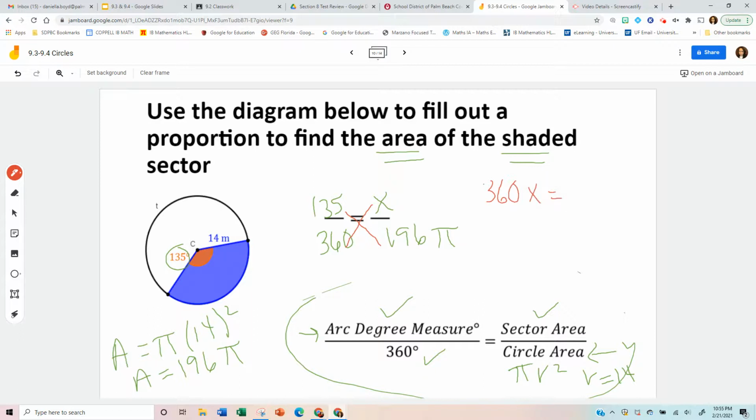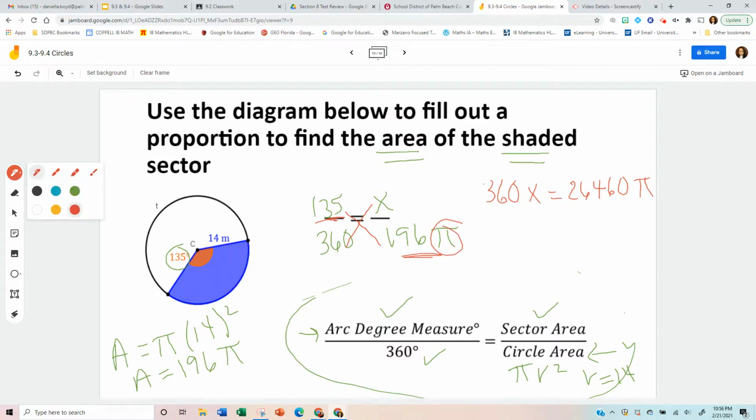And then I'm going to do 135 times 196 pi. So the way that I do that is I do 135 times 196. And that's a really big number. It's 26,460 pi. So you multiply the regular numbers together and then you just put pi at the end.